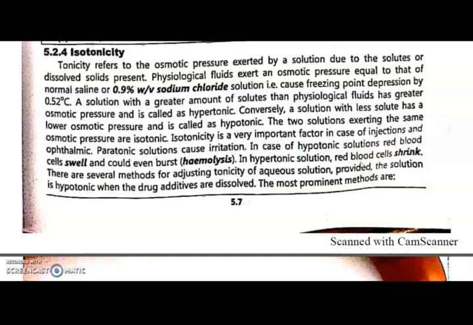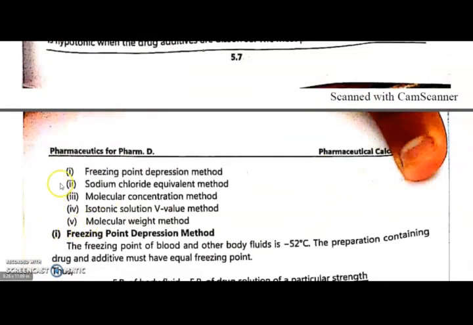There are several methods for adjusting tonicity of aqueous solution. The most prominent methods are: first one, freezing point depression method; second one, sodium chloride equivalent method; third one, molecular concentration method; fourth one, isotonic solution V value method; fifth one, molecular weight method.